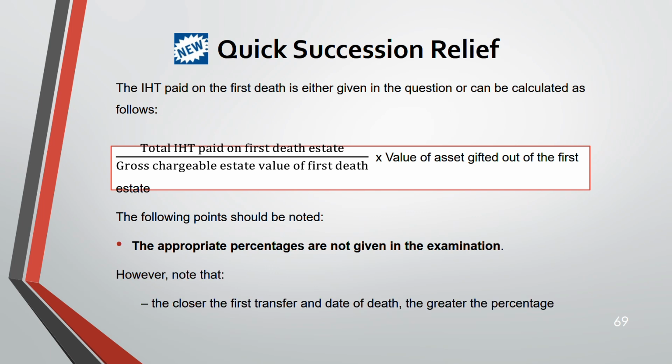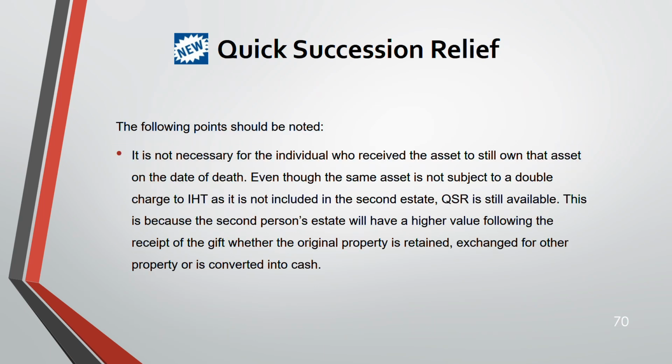The closer the first transfer and the date of death, the greater the percentage. Each additional year between them reduces the percentage by 20, that's why 100, 80, 60, 40, 20. Now, it is not necessary for the individual who received the asset to still own that asset on the date of death. Even so, the same asset is not subject to a double charge to IHT, as it is not included in the second estate.